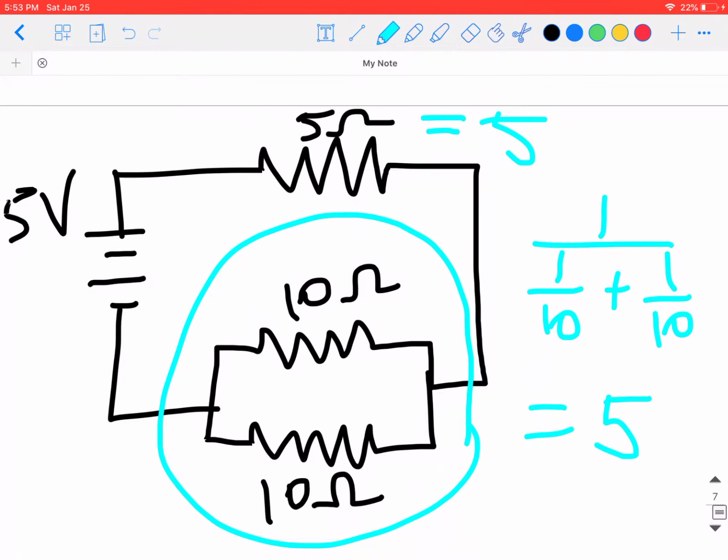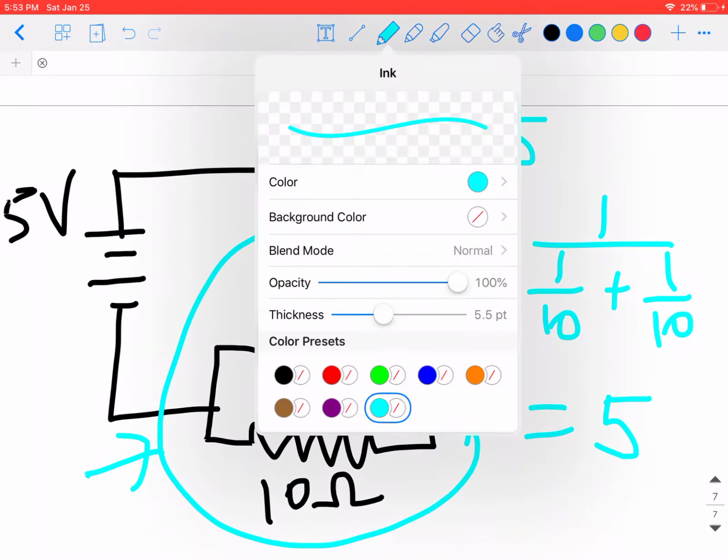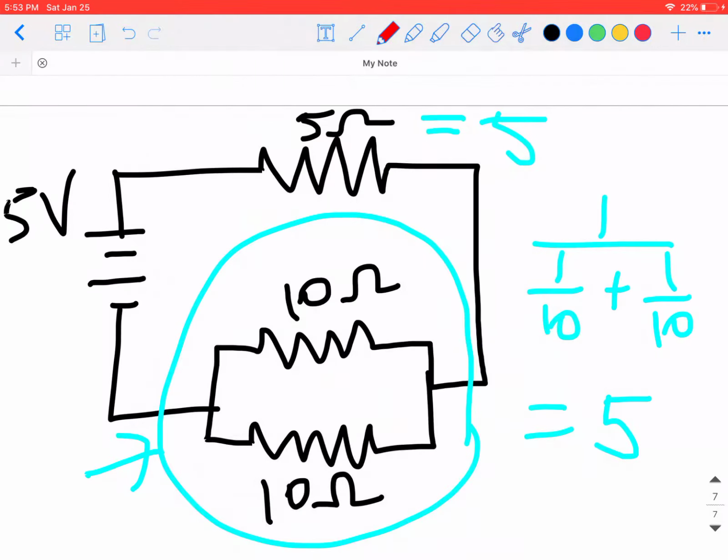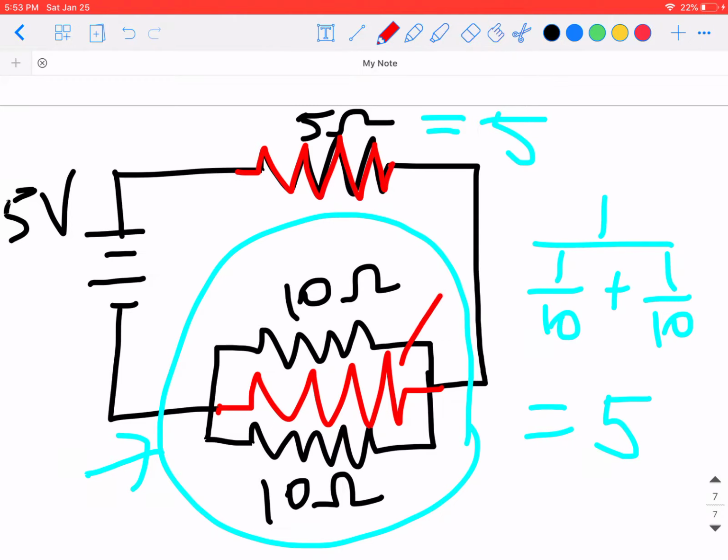What we did here is treat these as in parallel, but when you look at the total circuit overall, you have to treat this parallel part as one giant resistor, ignoring that they're in parallel. We know that this has a value of 5, because 5 was right there.